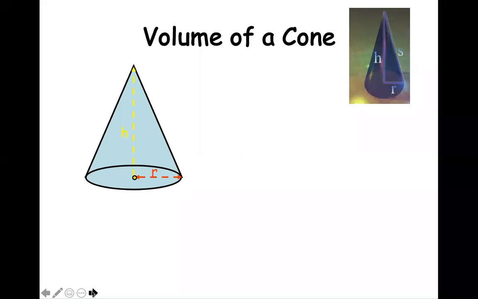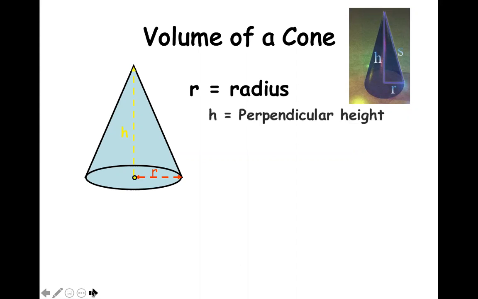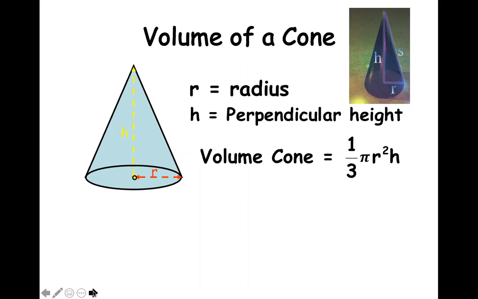Now, in the formula list as well, we've got the volume of a cone. This time, you've got your radius, the perpendicular height. The volume of a cone is again quite similar to the pyramid.